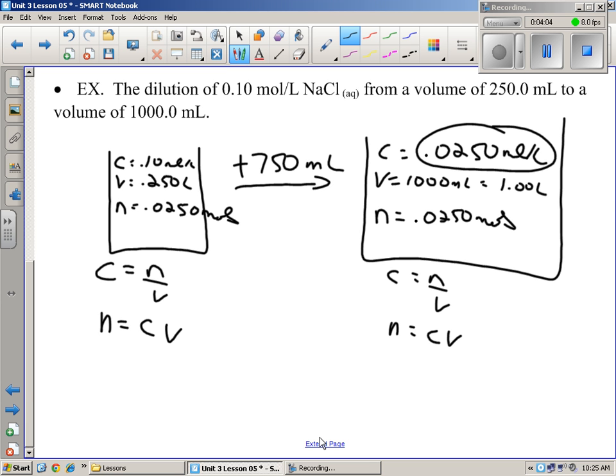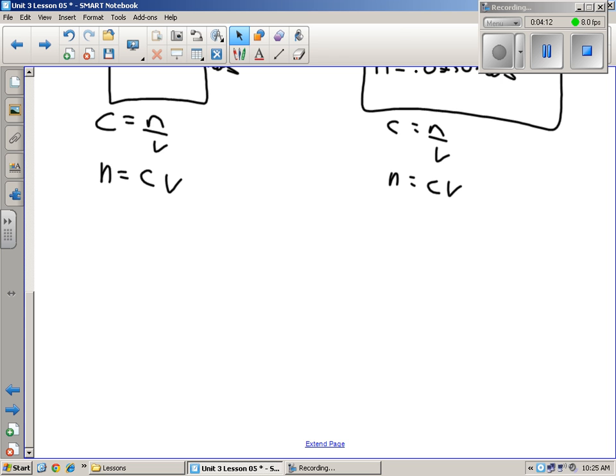A couple things we need to understand here. This comes down to good old-fashioned math, and maybe this will confuse you more than it needs to, but look: if n equals C times V and n equals C times V, and the n's are the same because the amount doesn't change, doesn't that mean that CV has to equal CV?